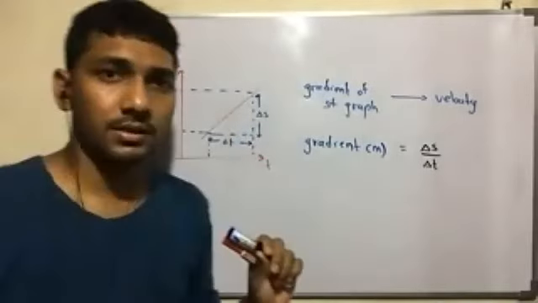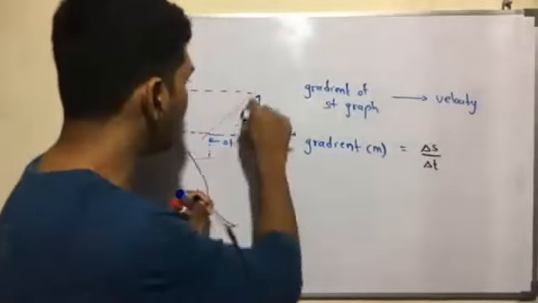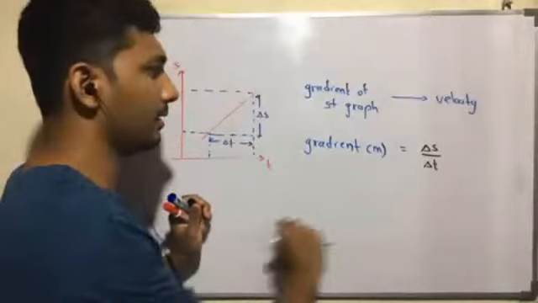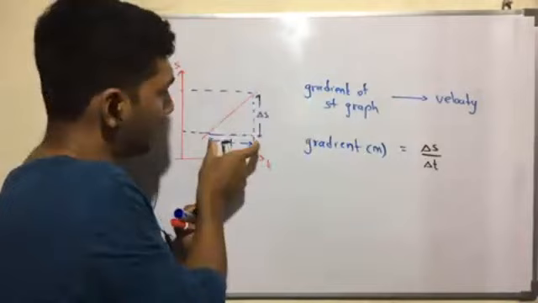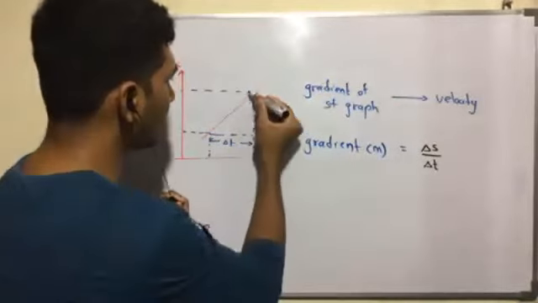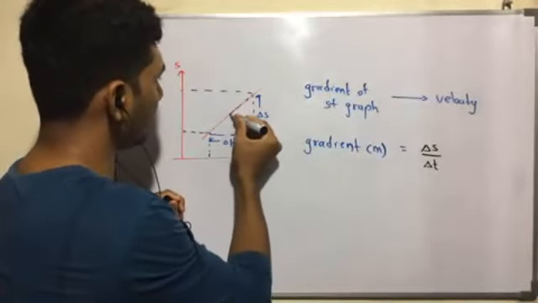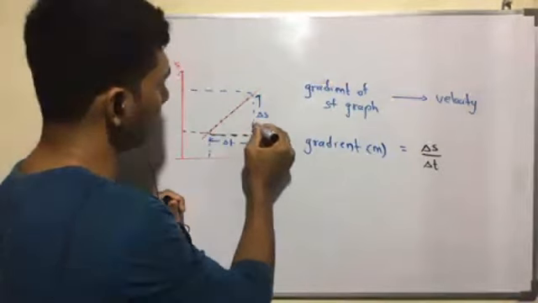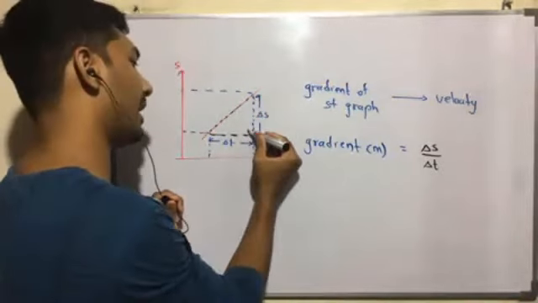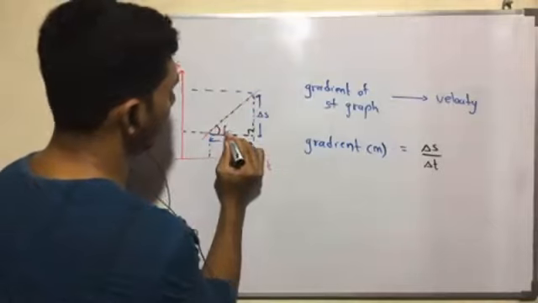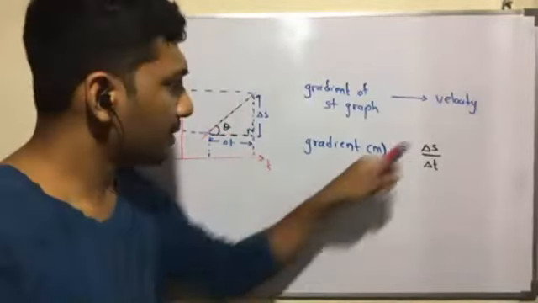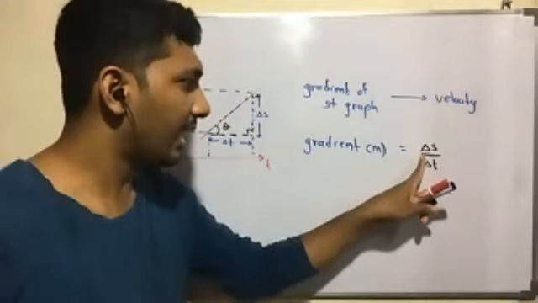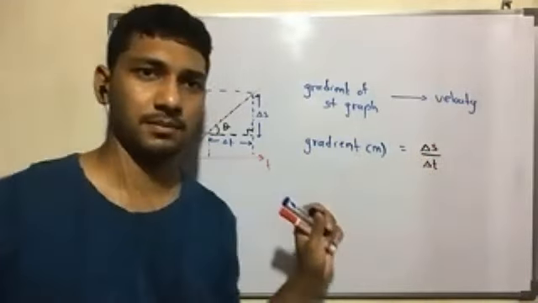Okay, so in this particular triangle, the y difference and the x difference can be seen. So let's focus on this triangle. It is a right angle triangle. Let's take this angle, this angle is theta. So what is delta s over delta t here?